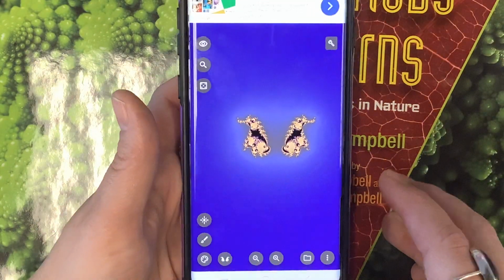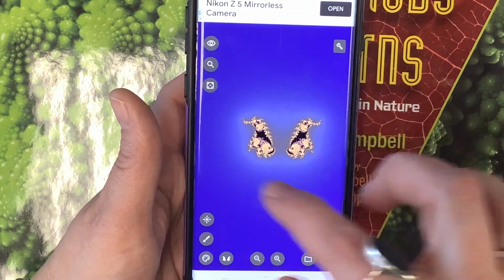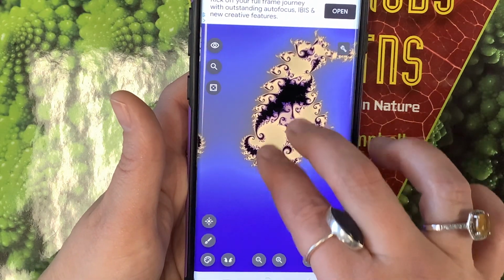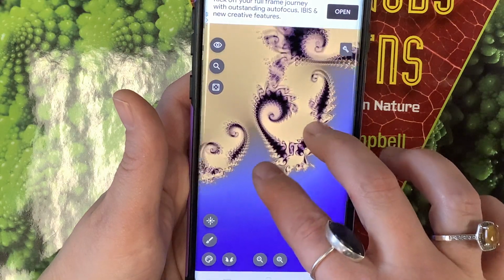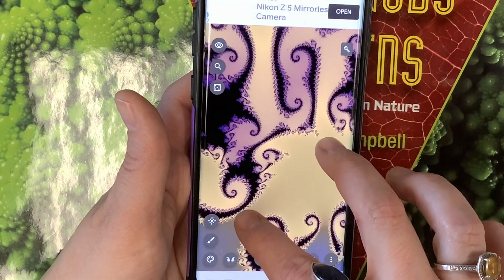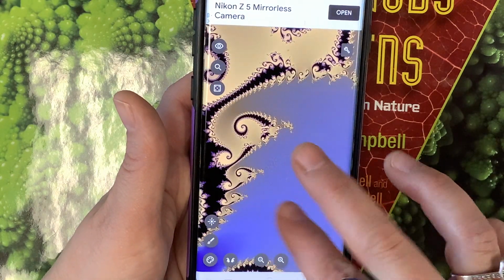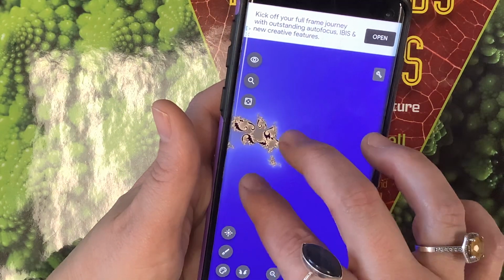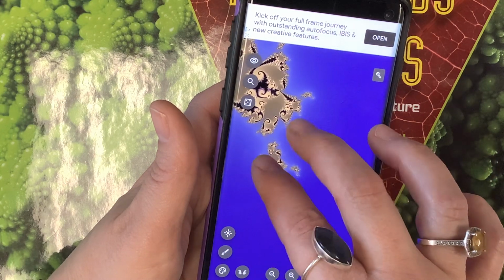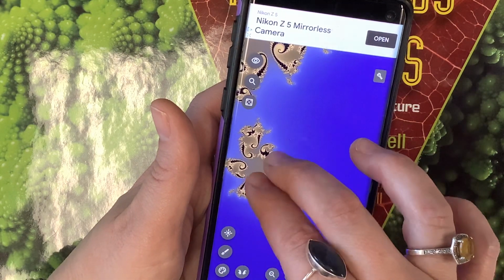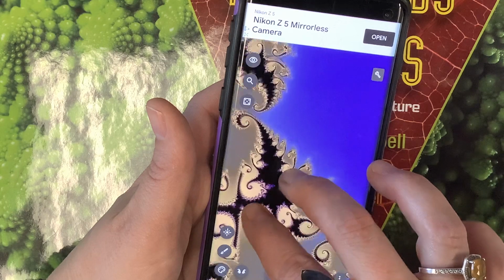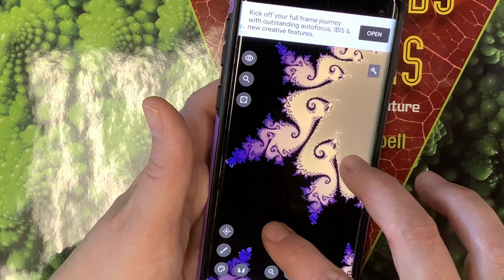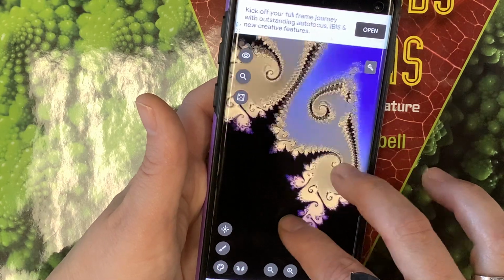All right, so you can change the color, you can change how it fills in the background, and then you can zoom. And you can zoom and zoom and keep zooming in. And then it's just going to keep going and going, okay? So this is actually a pretty cool app. There are several fractal apps out there.